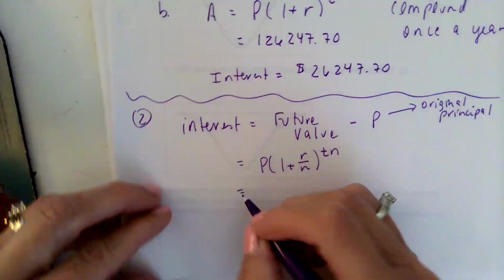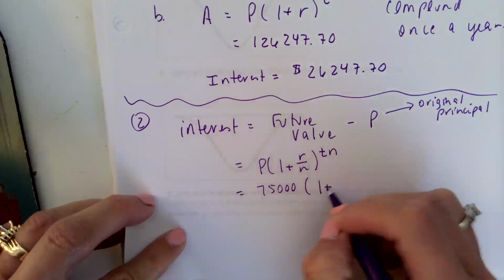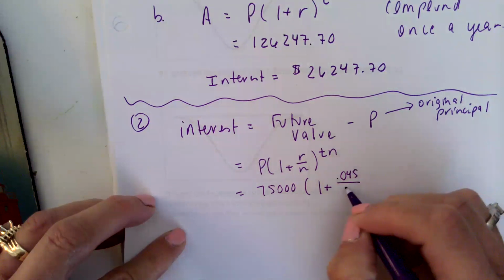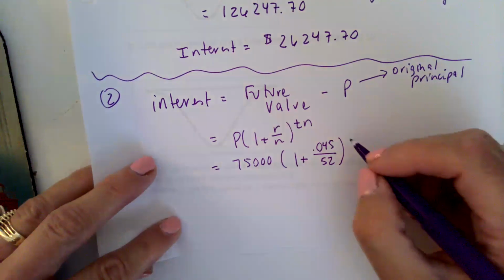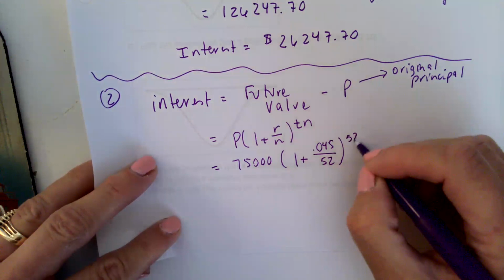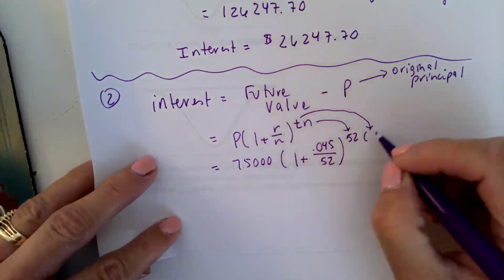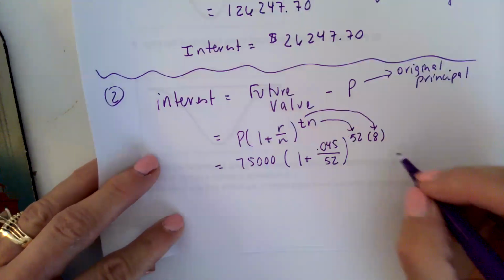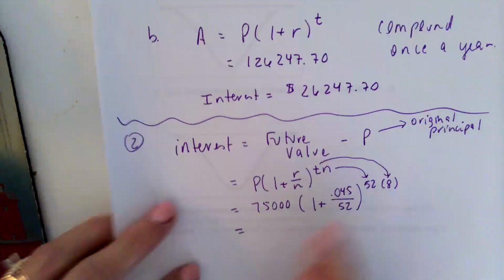And so in this case, it's going to be 75,000 times 1 plus 0.045 divided by 52, to the power of, usually it'll be NT, I just wrote it opposite, so 52 is N times T is 8 years. Okay, so let's go to Desmos to find out what this is.